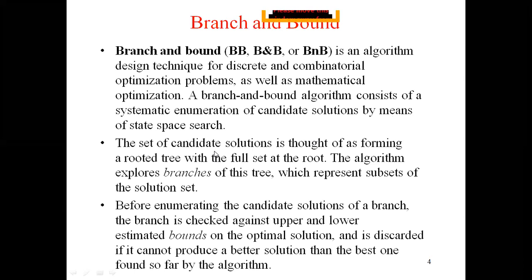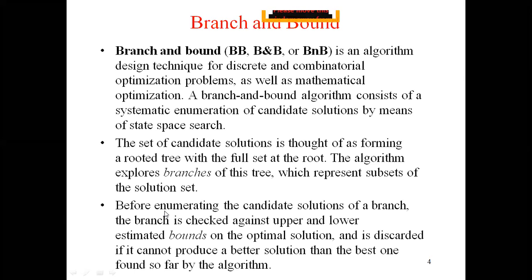So the set of candidate solutions is thought of as forming a rooted tree with the full set at the root. The algorithm explores branches of this tree, which represent subsets of the solution set.